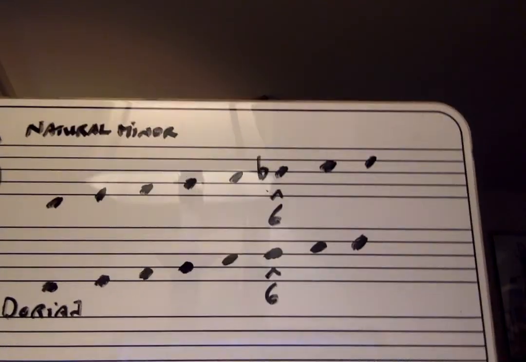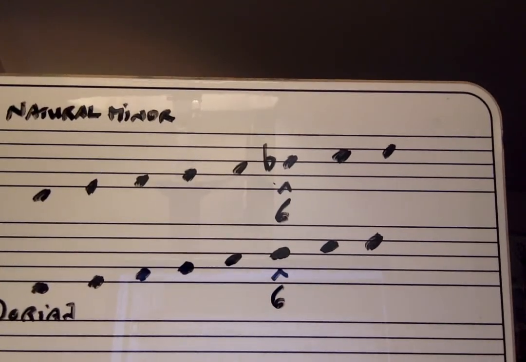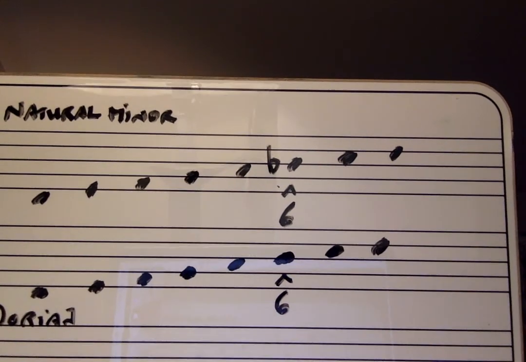And it's this 6th degree that Reger takes and develops a little bit, in that he could use this raised 6th scale degree of the Dorian scale as either the 3rd of a chord or the 5th of the chord.